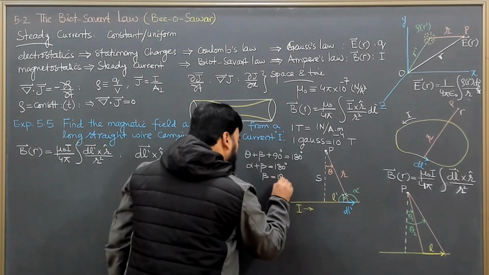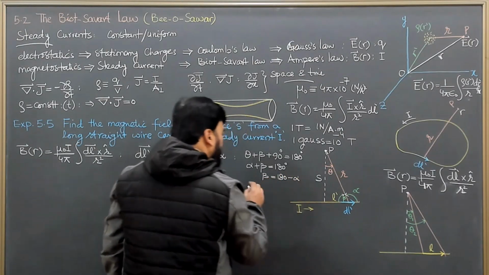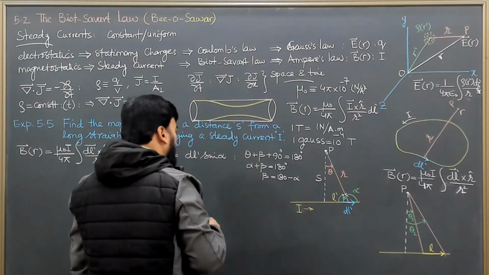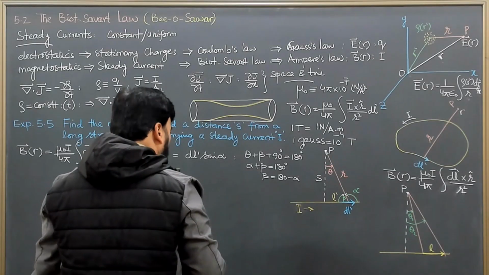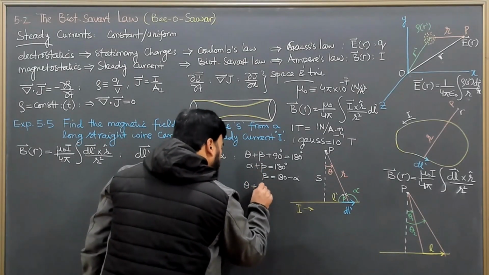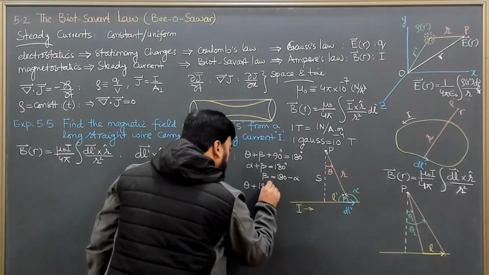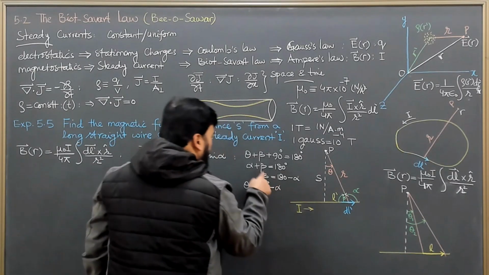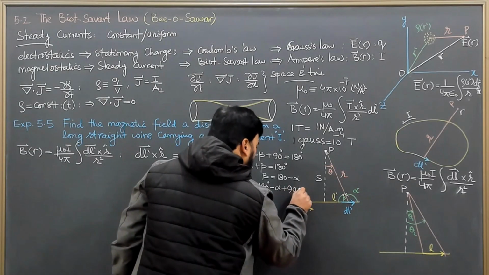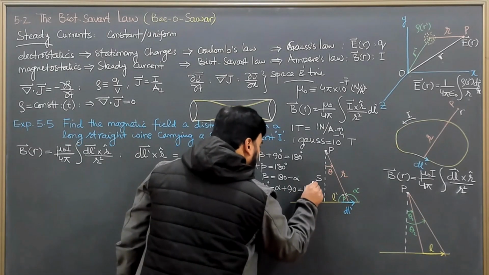So beta is 180 minus alpha, and now if I put the value of beta there, then 180 minus alpha plus theta plus 90 is equal to 180.